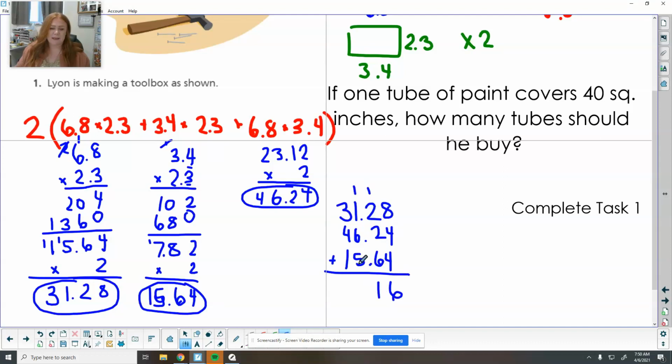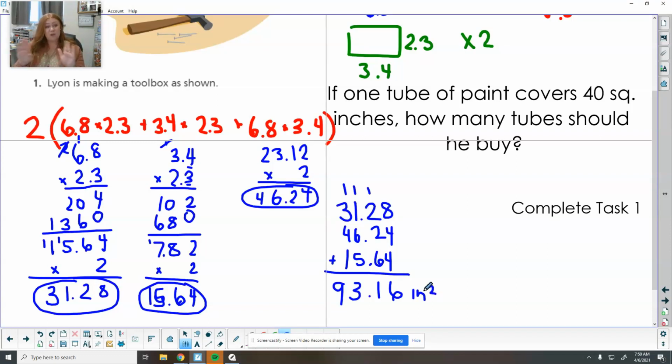Drop my decimal down. Here's 11, 12, 13, and 4, and 4 makes 8, and one more is 9. So our surface area is 93.16 inches squared because we could unfold that flat.